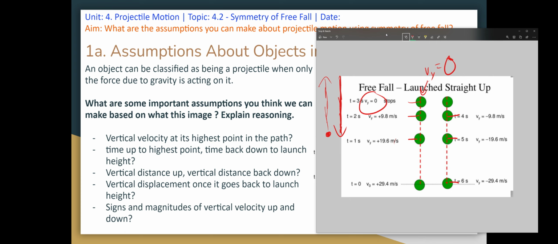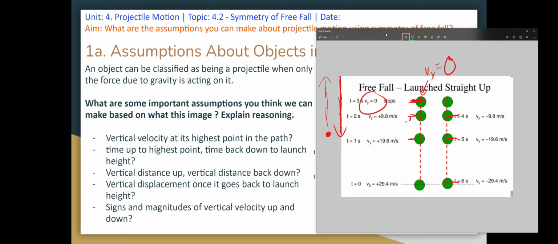Think about it this way. You throw an object up, and it gets slower as time goes by because you see the distance between each second decreases. You get to a point at the top where your object stops briefly, momentarily, for a split second. It's barely a moment in time. At that moment, at its highest point, my velocity is 0.